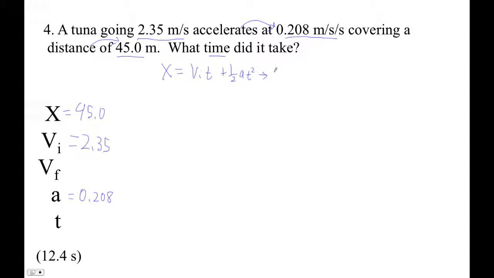So that becomes 45 equaling the initial velocity, 2.35 times t plus 1/2 times 0.208 times t squared. Now, if this is giving you an uneasy feeling, that's because what is in this nice rectangular box is known as a quadratic equation.